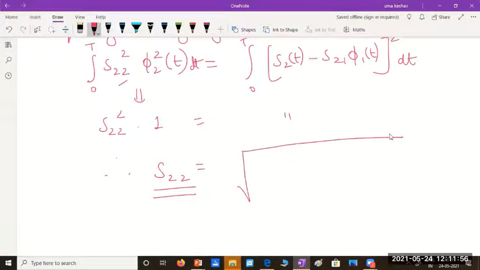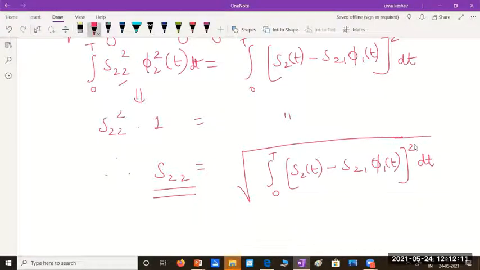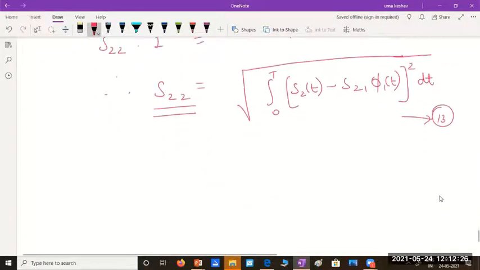It should be the square root of integral 0 to t of S2 of t minus S21 into phi 1 of t, the whole square, dt. It is the square root of this function because I'm interested in finding S22. So you call this equation 13.